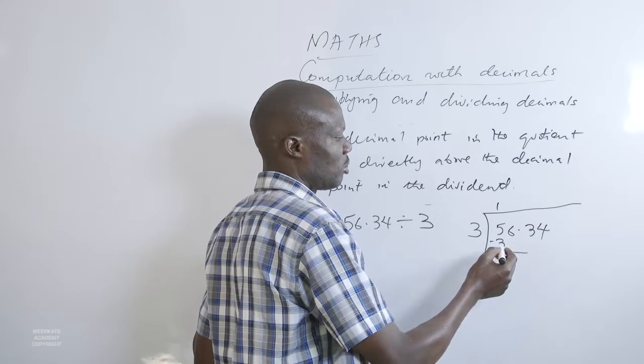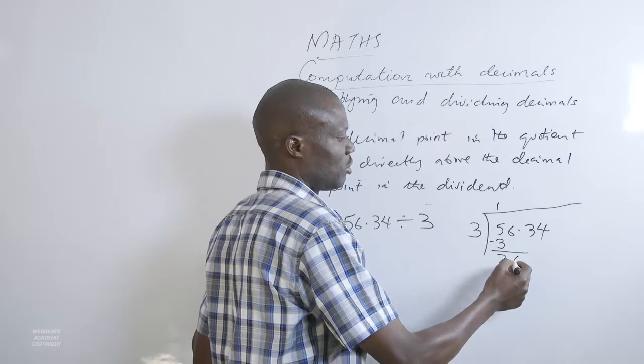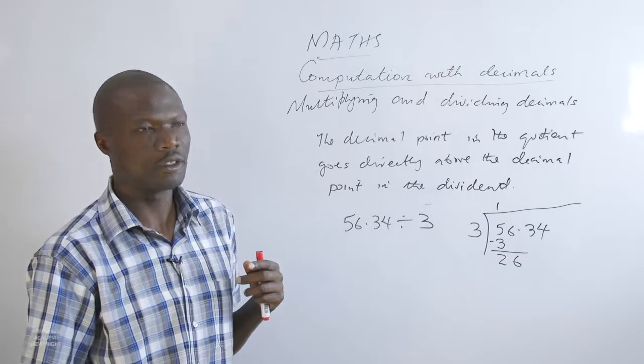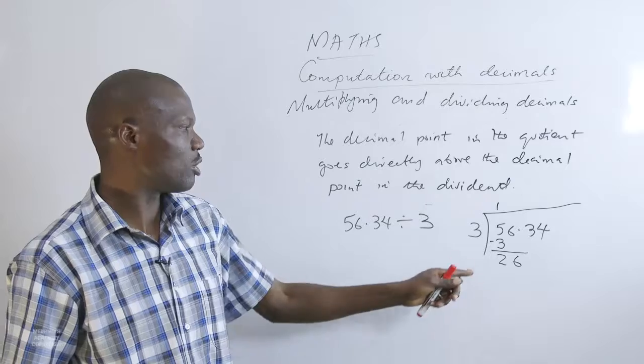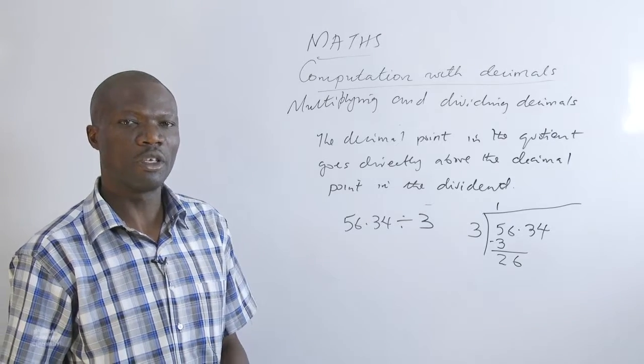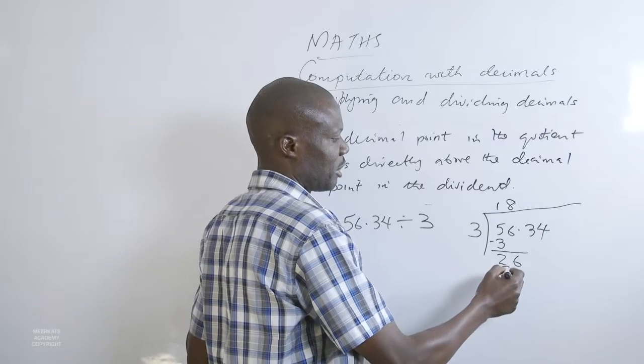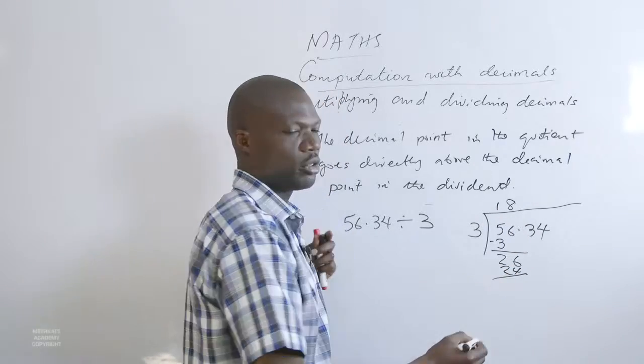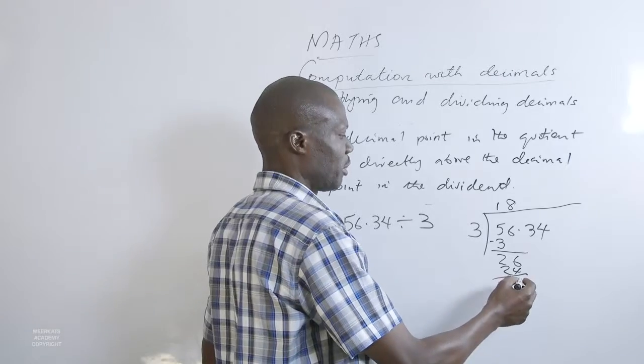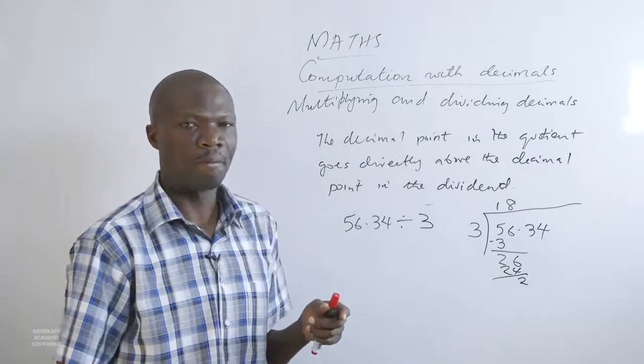You subtract, you remain with 2, you bring 6. 26 divided by 3 is 8. 8 times 3 gives us 24. When you subtract, you remain with 2.